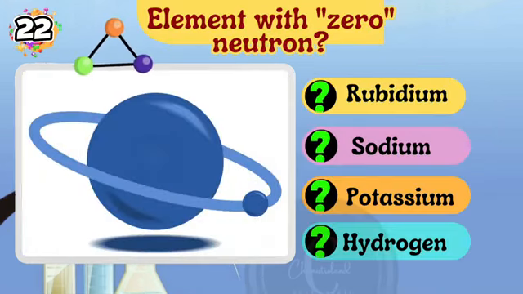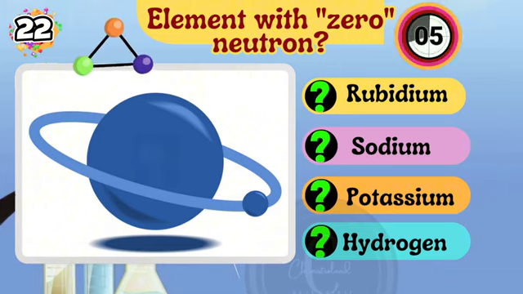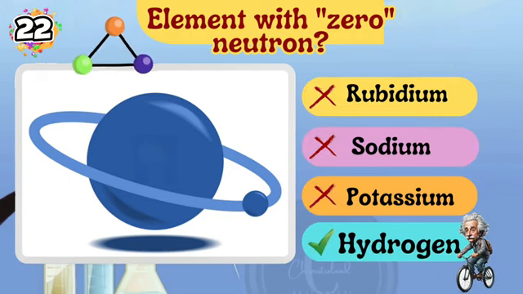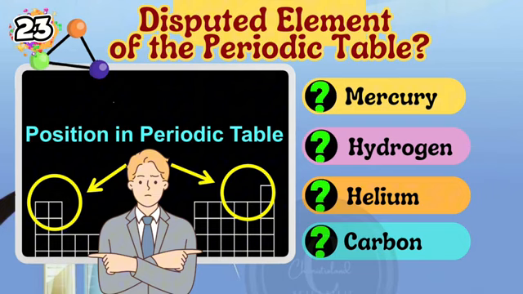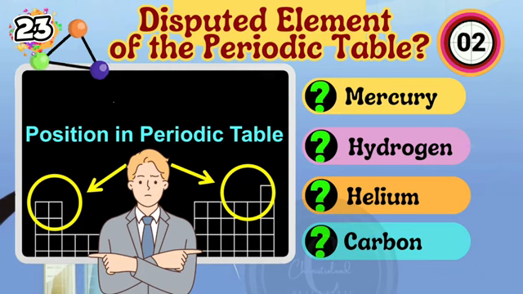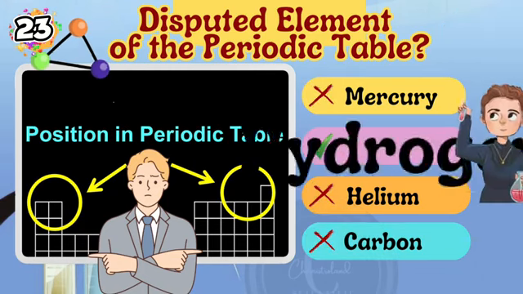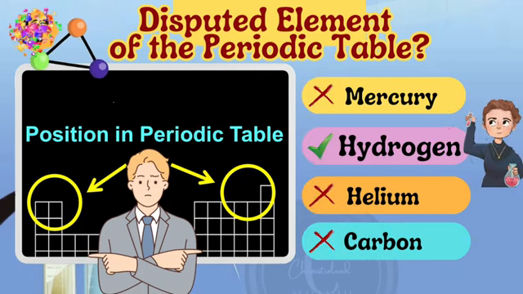Element with zero neutron is known as... it's hydrogen. The disputed element of the periodic table is... of course, it's hydrogen.